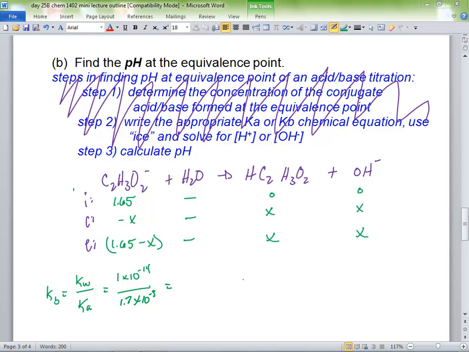Shouldn't that be times 10 to the negative 10? So a couple folks got 5.88 times 10 to the negative 10 for their Kb.